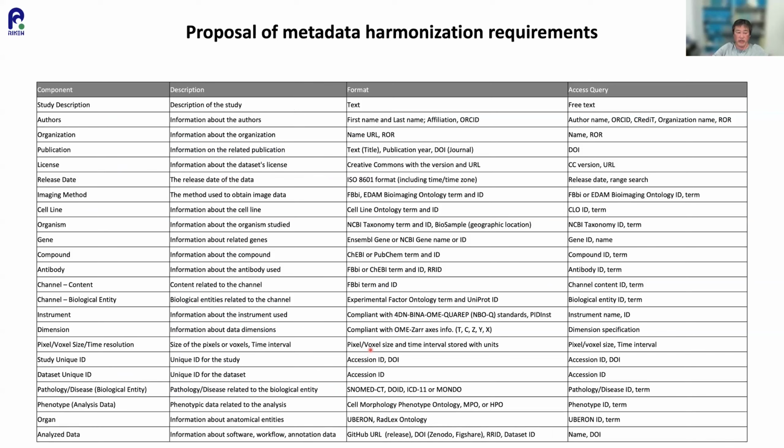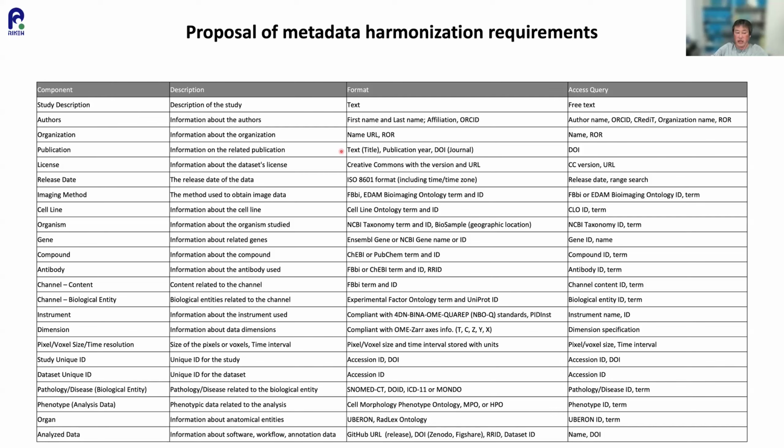And finally, we concluded that these 20 components should be the proposed metadata components to be used for harmonizing the three repositories. Originally we listed 12 metadata components shared among the three repositories.